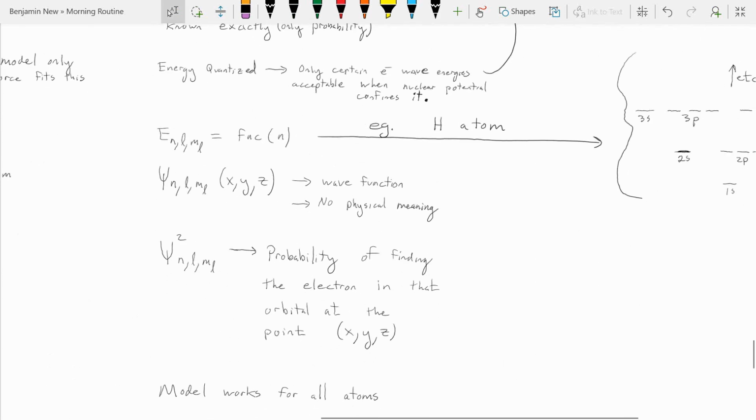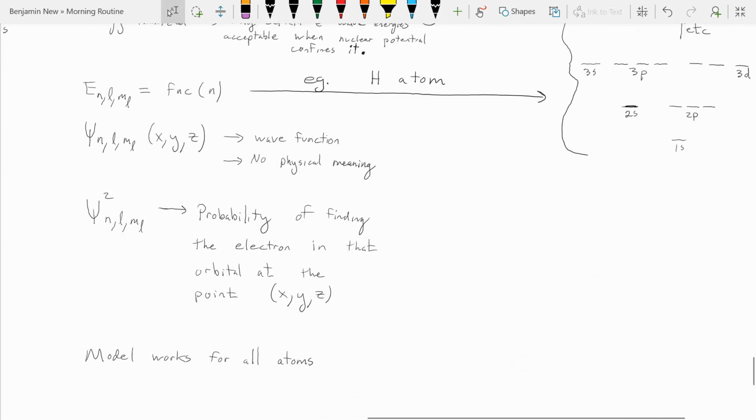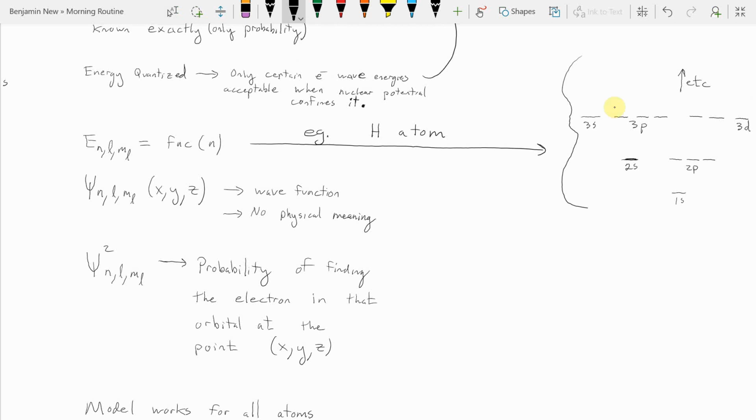Okay, so a little bit about what comes out of the Schrodinger equation. The actual result, if you will, is the wave function that comes out. So this psi, Greek letter psi, which also has its dependence on n, l, and m sub l, similarly to the energy, is going to have a specific value at every x, y, and z in three-dimensional space.